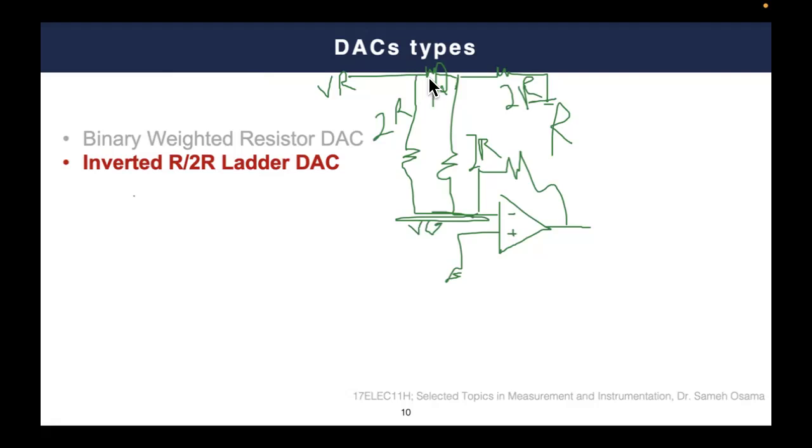And here you have a resistance R, and then you have two parallel resistances, each of value 2R. Why are these two resistances parallel? Because simply this is a common node: this is a virtual ground, and this is a ground, so this is practically the same node.